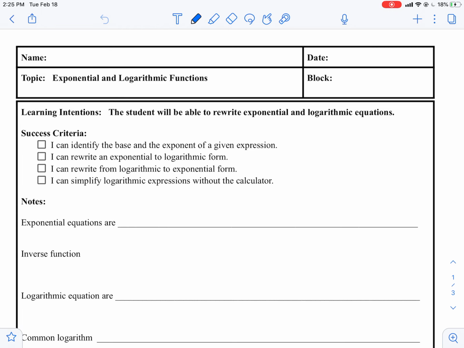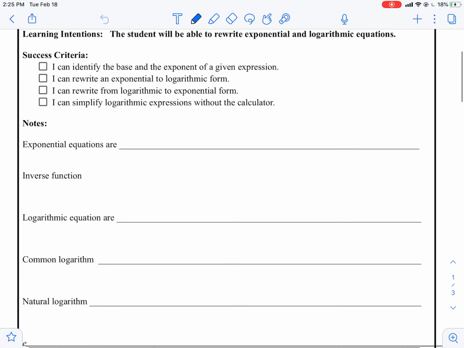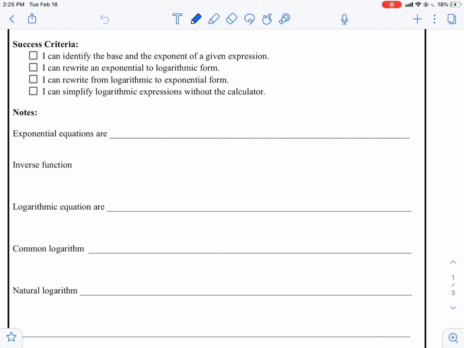The first thing that we're going to look at is what exponential equations are. Exponential equations are equations in the form of y equals ab to the x, where a is not 0 and b is a positive number other than 1. I will jot that down for you.